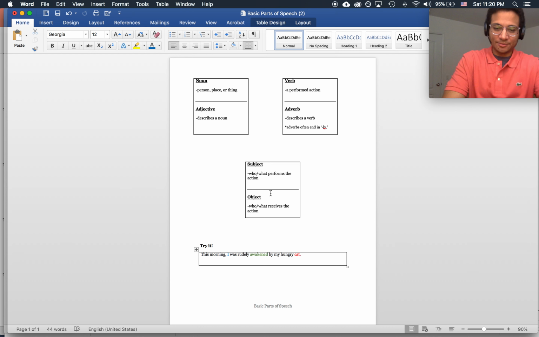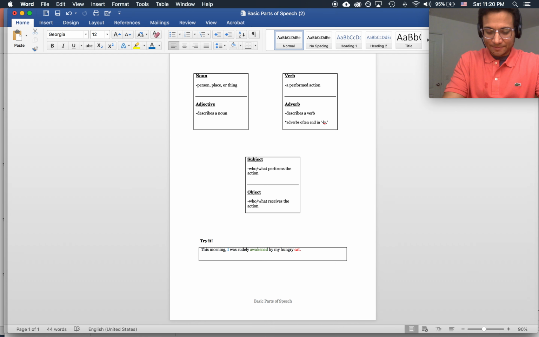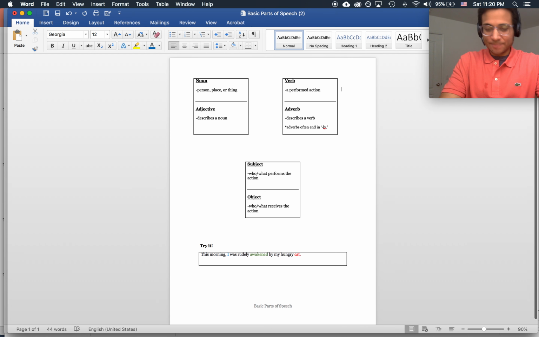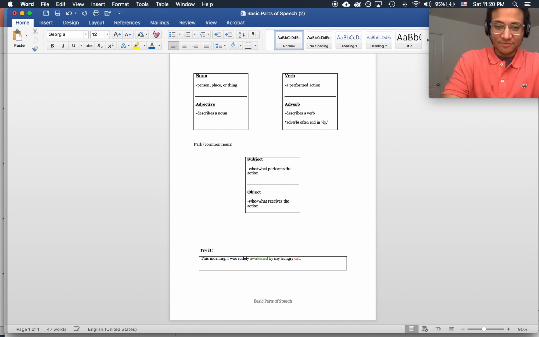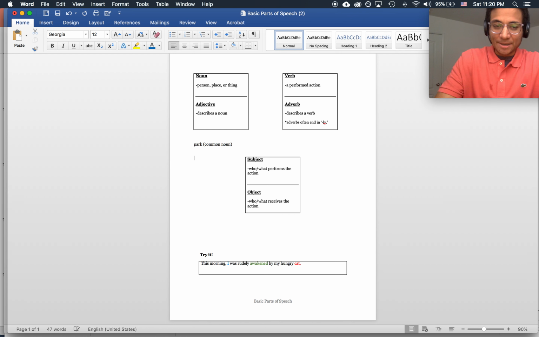Common noun and proper noun, right? A common noun is a more generic version of the noun. So if I say park, then that's lowercase p, right? That's a common noun. When it's a common noun, it's lowercase, okay? But if I say, I don't know, maybe Greenfield Park.